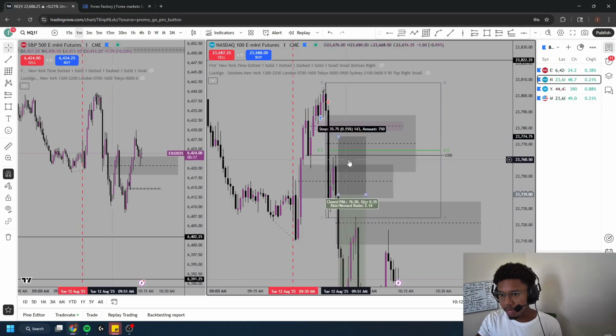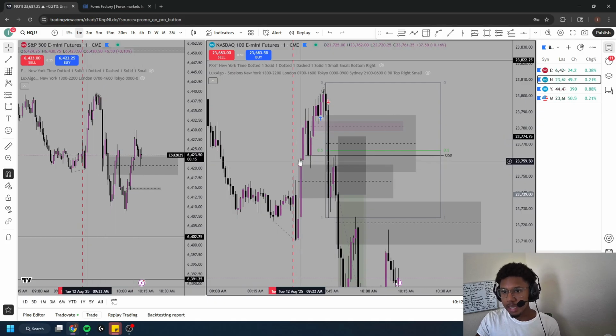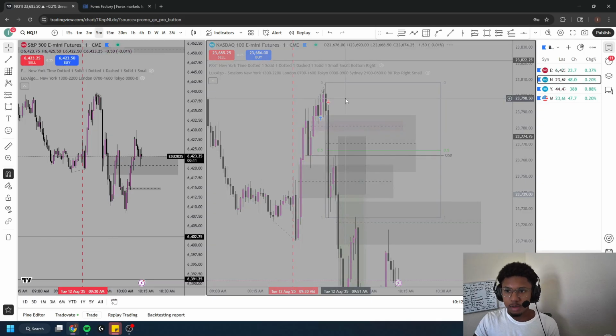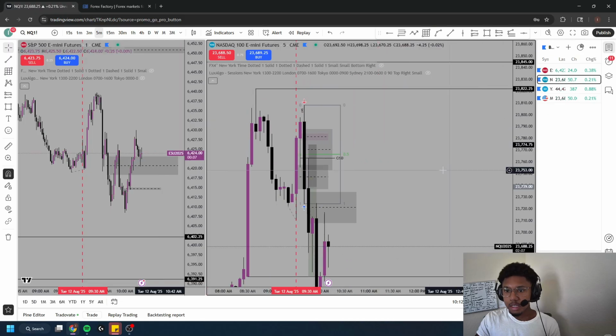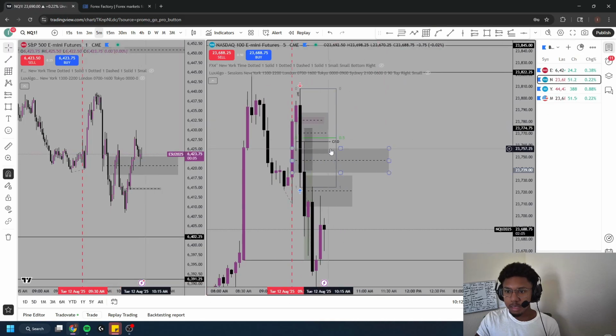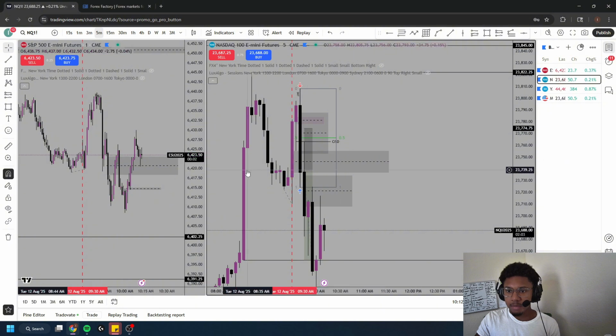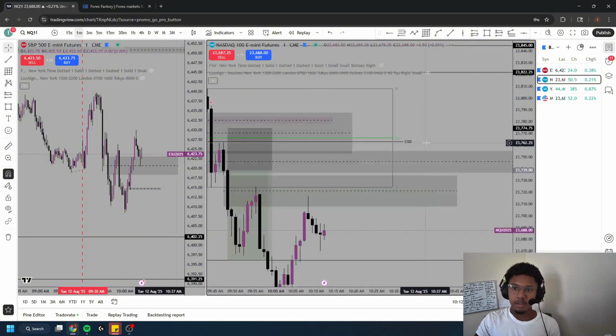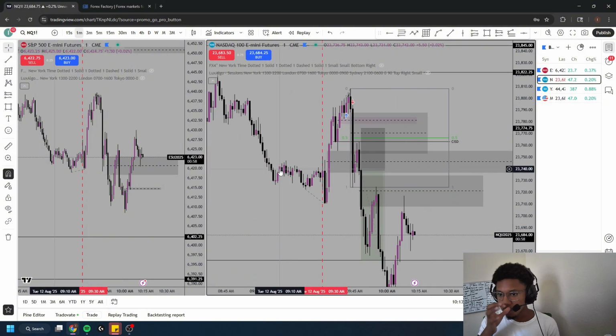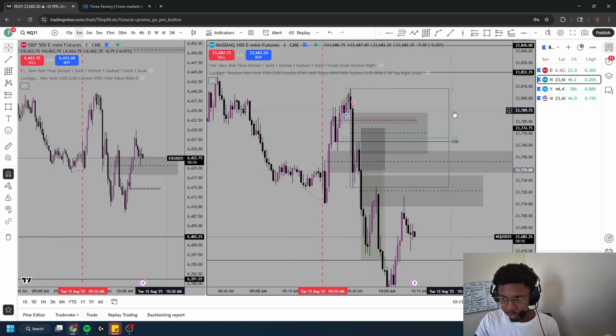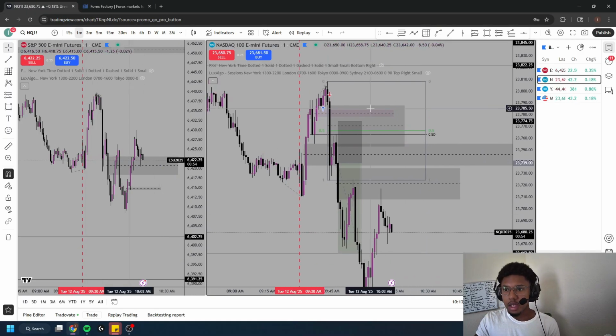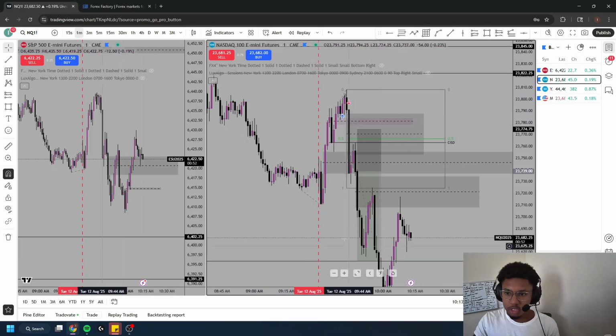We edged the breaker, but however, we did come into the gap, and we did inverse this gap. And then on top of that, you may say, well, this is not a 5-minute SMT. You're right. However, this was a 5-minute PD array that was being disrespected. So this 5-minute gap ended up being disrespected, which caused me to look for this reversal trade and continuation trade to the draw on liquidity.